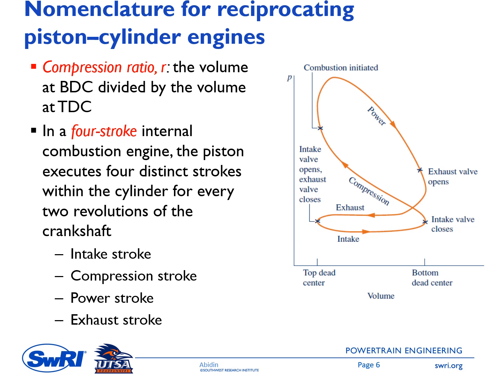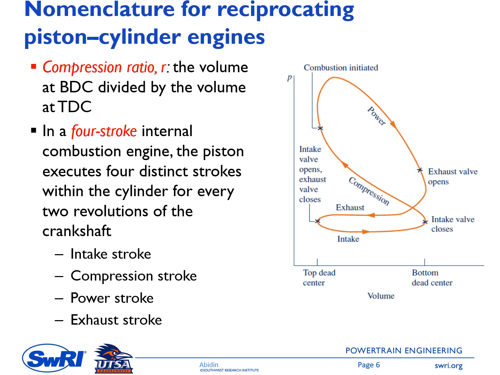And then I did mention that in a 4-stroke internal combustion engine, the piston executes 4 distinct strokes within the cylinder for every 2 revolutions of the crankshaft. If you remember, we have an intake stroke, the piston moves down, so in the crank mechanism, it is like half a rotation, 180 degrees. And then compression, the piston moves up, so in the crank mechanism, it rotates another 180 degrees. So it means it's one complete rotation.